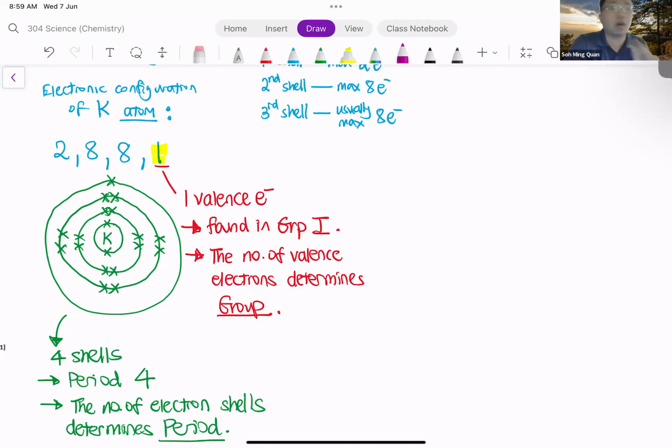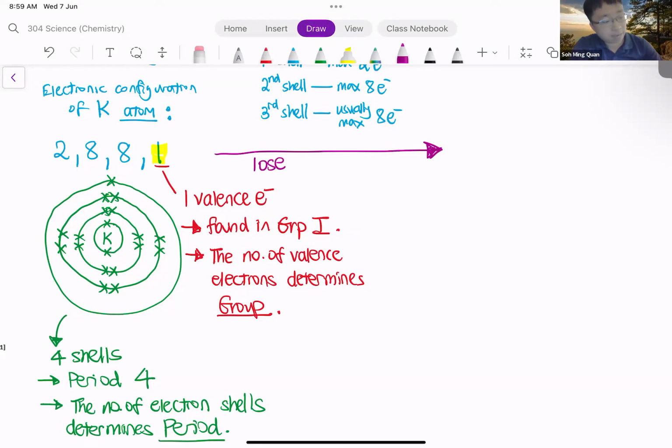This is clearly not stable. All atoms want to have a fully filled outer electron shell. But in potassium 2881, the outer shell is not fully filled. It only has one electron. So potassium clearly is not stable as an atom.